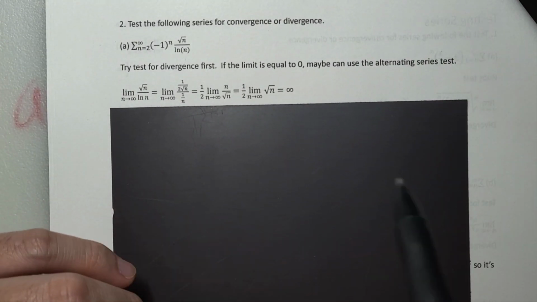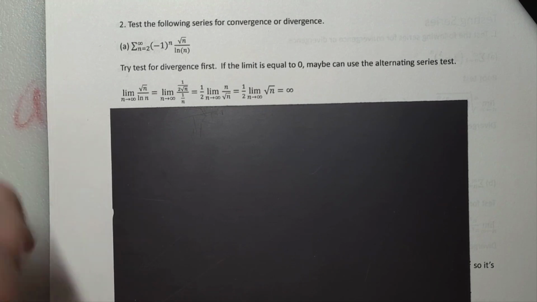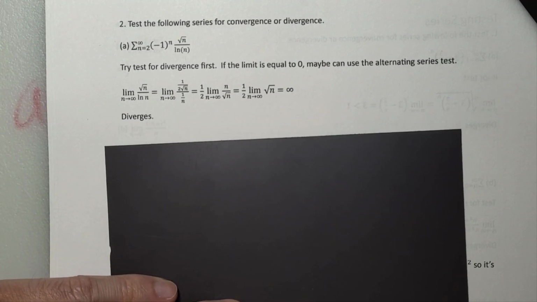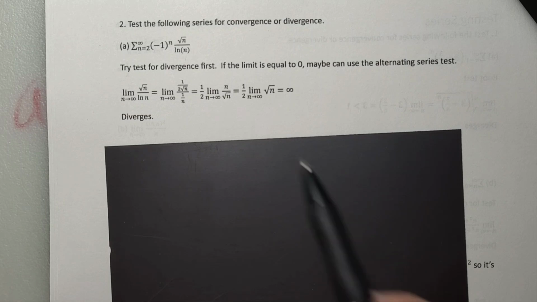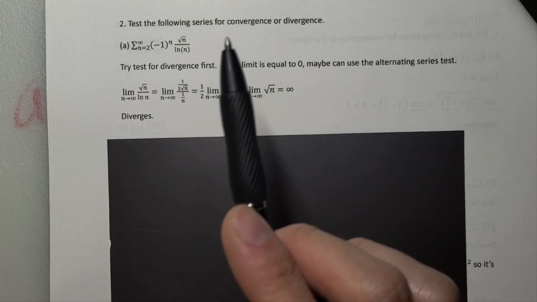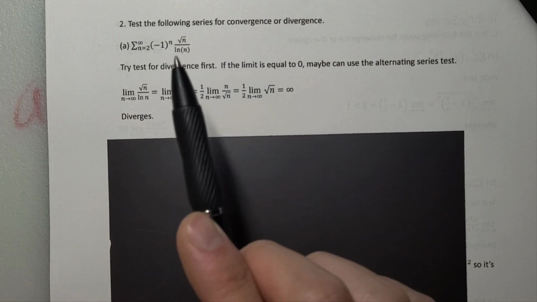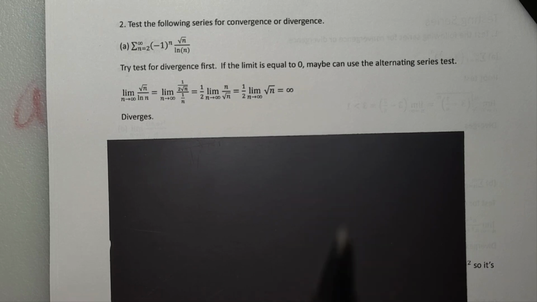So the limit doesn't exist in the original, and therefore, by the test for divergence, this diverges. Again, it would be wrong to say this diverges by the alternating series test. The alternating series test doesn't say anything about diverging. It only concludes a possible convergence case with those two conditions.